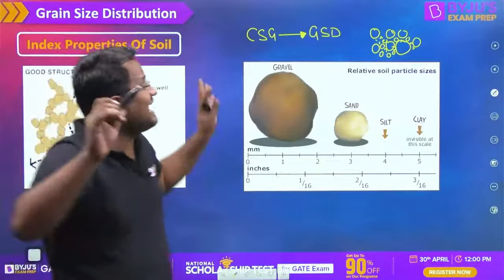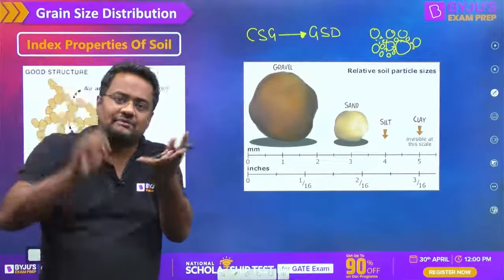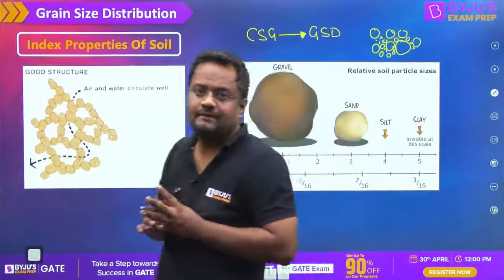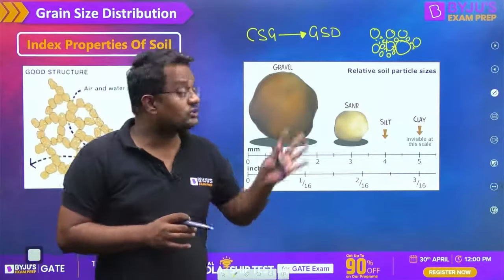So I'm very happy to see this kind of soil, when XL, double XL, L, M, small, all particles are there. I'm very happy to see this. So for coarse grain soil, this is very important.